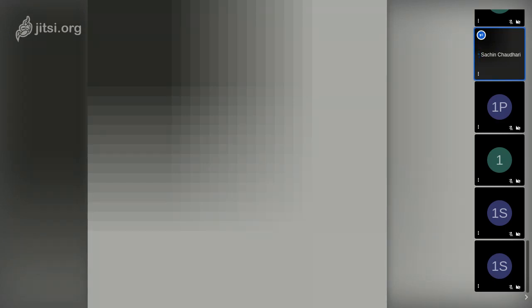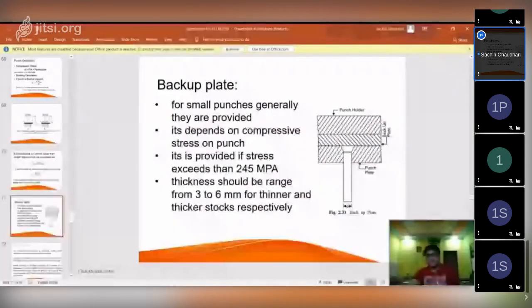It also helps to prevent the hardened punch from being pushed into the softer punch holder plate.